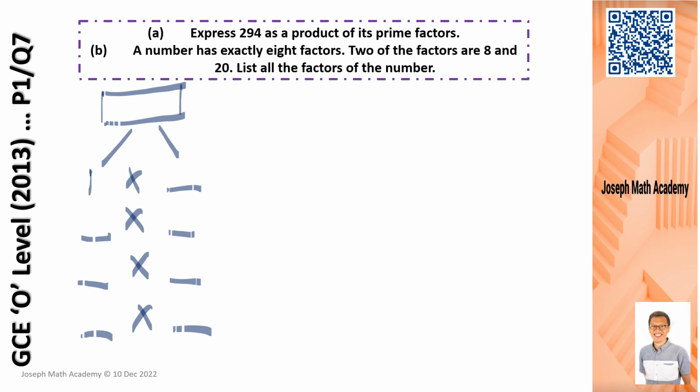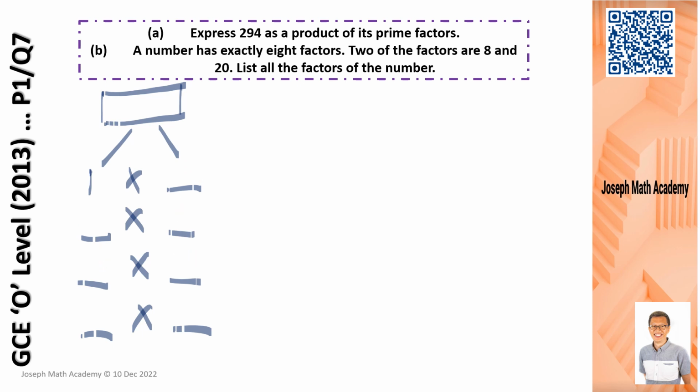Now, if this is 20, I'm going to use a little bit of color. If this is 20, then we have 2 and 10, 4 and 5. That gives us only 6 factors. So 20 is definitely not the number. Okay, so I'm going to remove all this. So it's not 20.